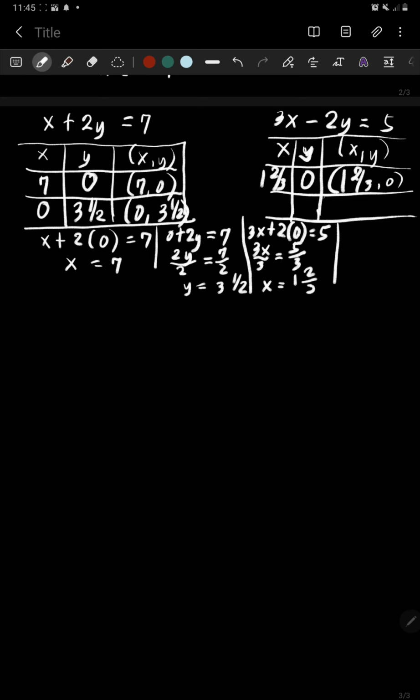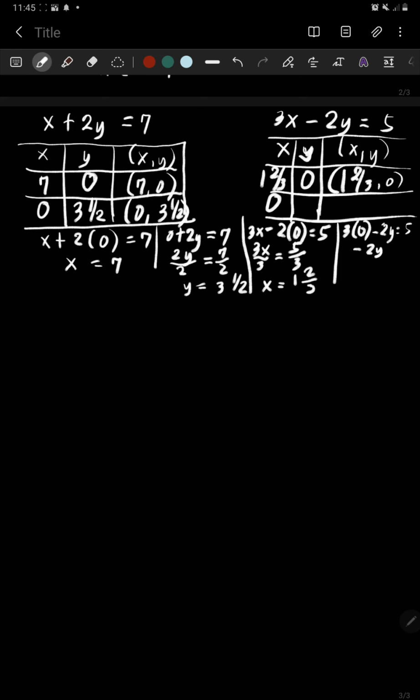And then lastly, your y-intercept, so your x is 0. So 3 times 0 minus, sorry, this is minus, but don't worry, it cannot affect since 2 times 0 is 0. So negative 2y equals 5.